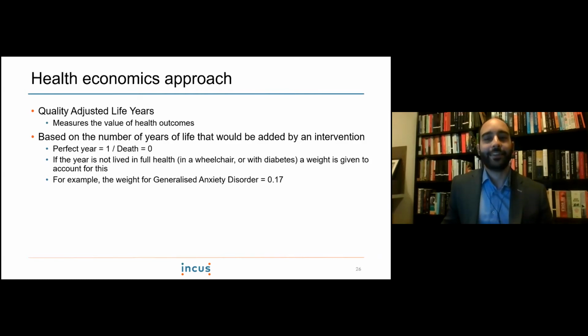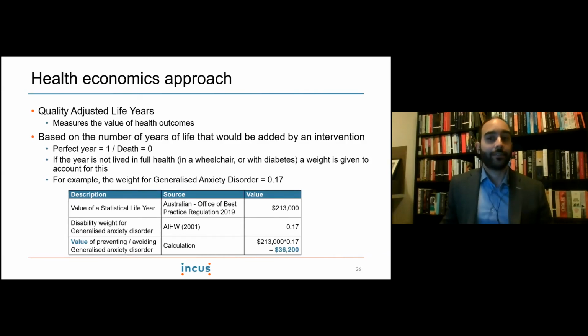In case people didn't know, the generally accepted figure for Australia is $213,000 for a life year. That's an estimate of society's value for a life year. So a life in Australia is worth about 5 million, according to the Office of Best Practice Regulation from Treasury. That's how they work these things out.